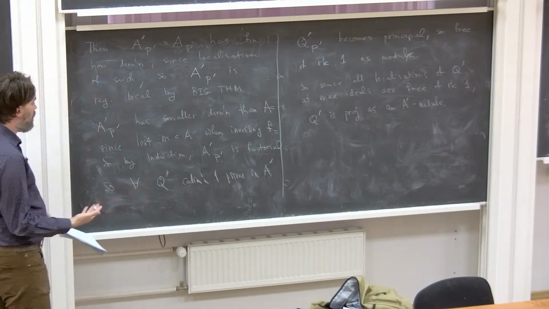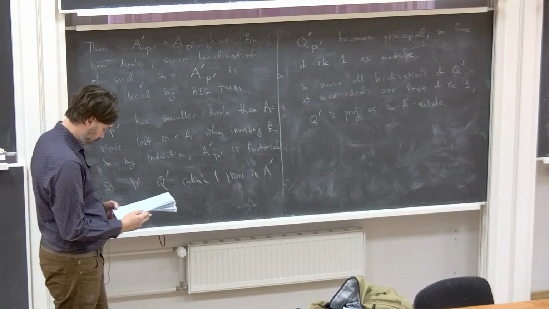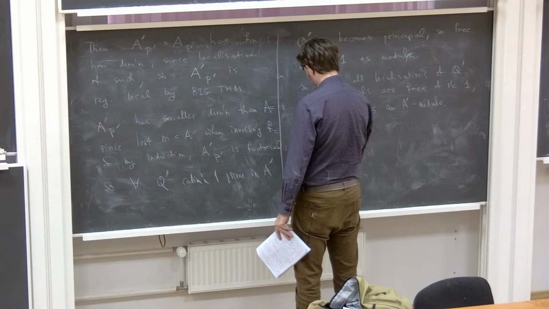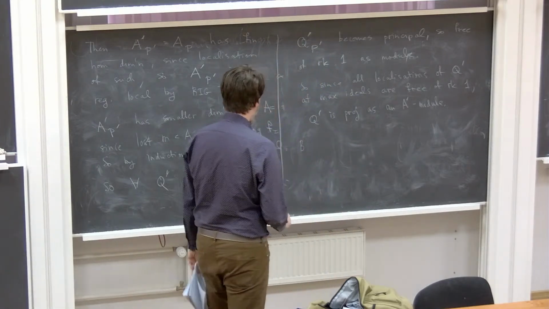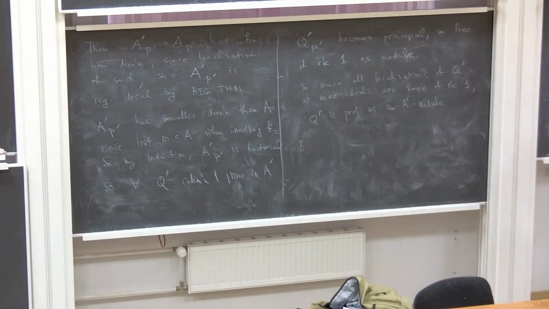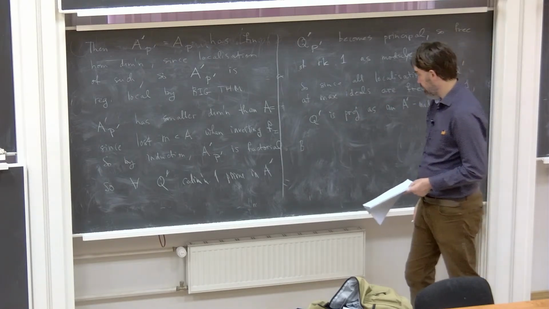Whatever Q prime is, it's the localization of some Q in A. Actually, maybe I don't even need this. Hold on. So I have A prime. Yeah, no, this is fine. So I know that A prime is finite homological dimension. Therefore, everything has a finite length resolution by frees.